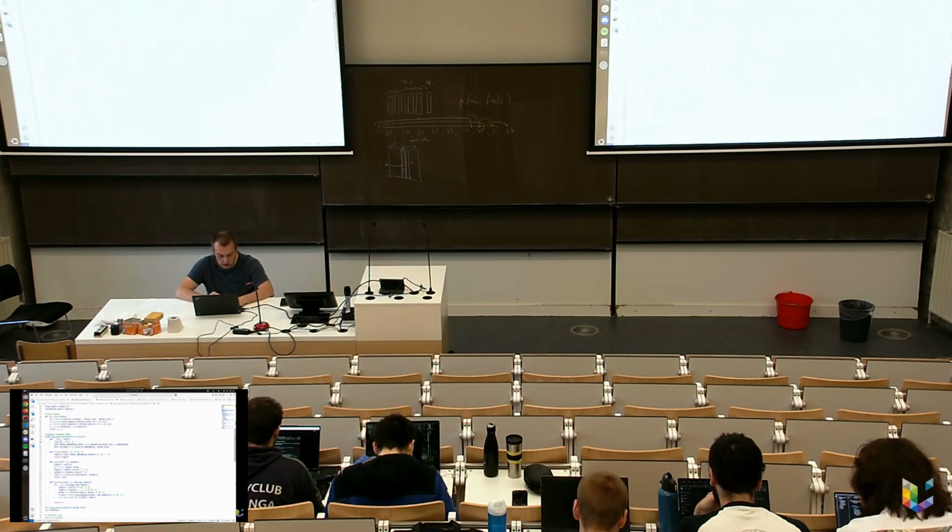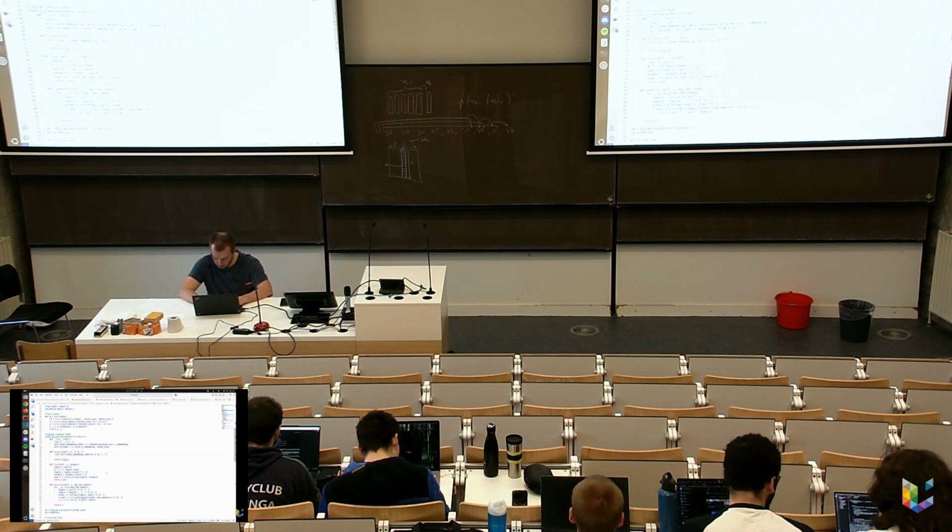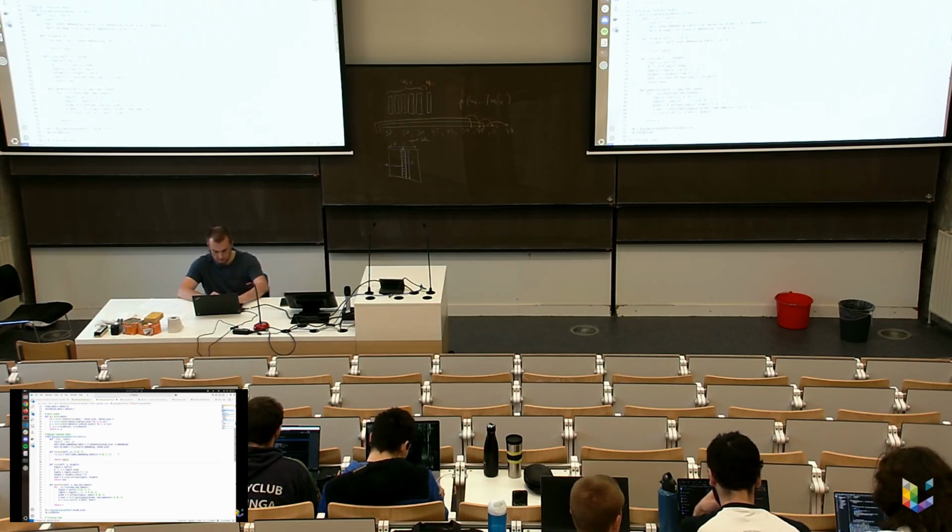Okay, so then that means we have to change also the implementation of the forward pass. So this now will not directly correspond to the logits anymore. This will correspond to the embeddings of the tokens. So let's call that tok embedding.